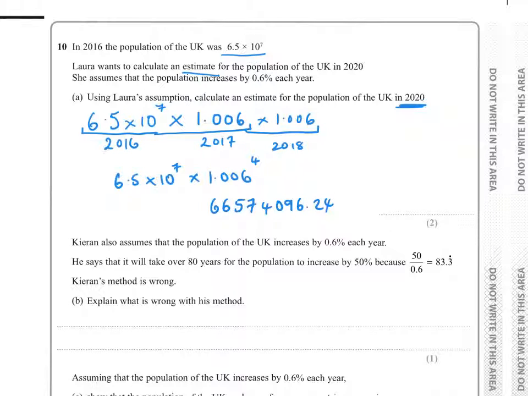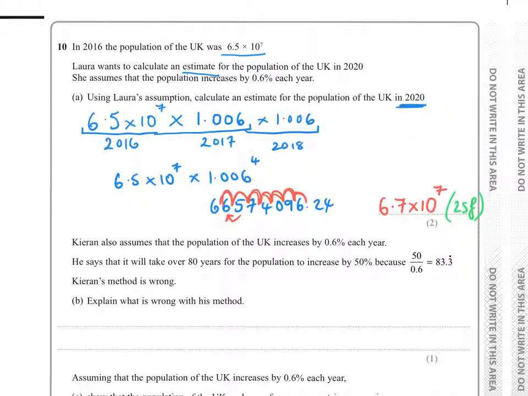We only want an estimate, so I'm going to leave it in standard form. So 1, 2, 3, 4, 5, 6, 7. So that will be 6 point, and I'm going to round this to two significant figures. 6.7 times 10 to the power, well, we went 1, 2, 3, 4, 5, 6, 7. I'm going to put that to two significant figures. Let's have a look at the next part.